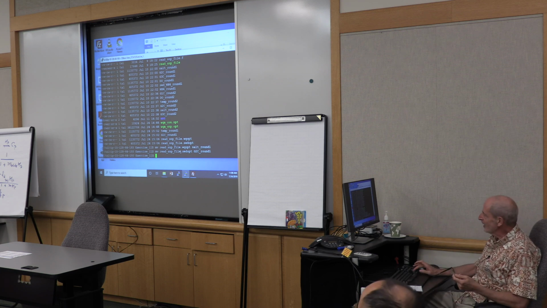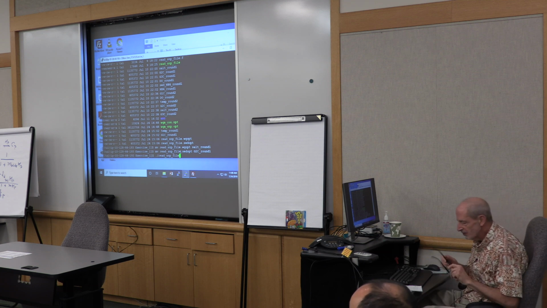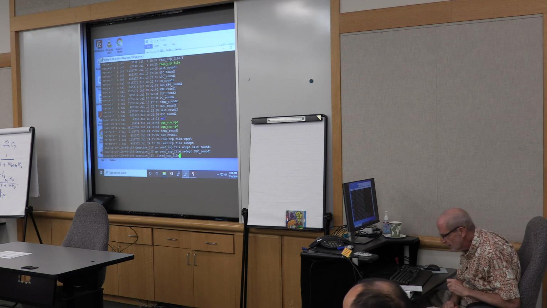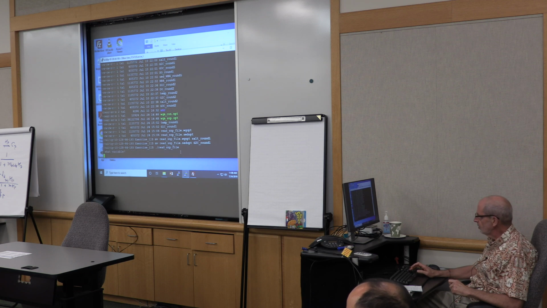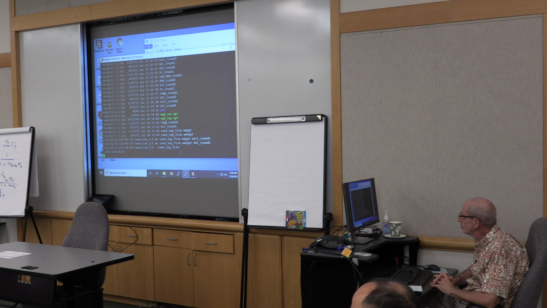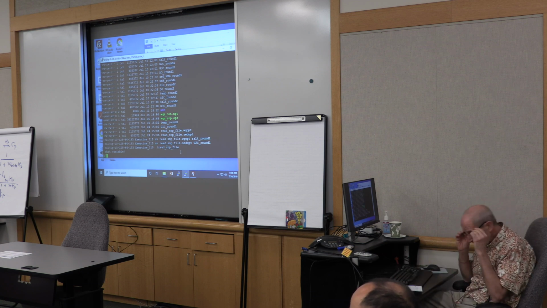Okay, let's go back to our read snap file. Let's do it again. What are we going to do this time? Okay. So I'm going to execute it. What variable? This time, let's do 27. 27 is dissolved oxygen.